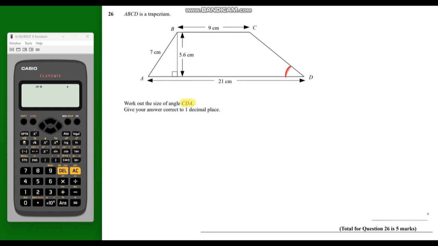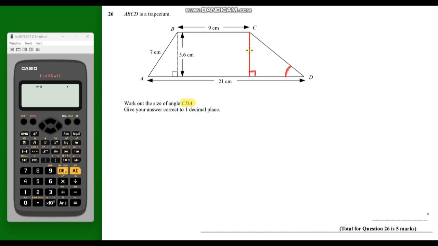Now, the first thing I'm going to do is, because this is a trapezium, if I were to drop a line from C all the way to the bottom here, I formed this angle, and this angle I know is a right angle. And the reason I know it's a right angle is because these two lines are parallel. So we've got a right angle triangle here. So we're trying to calculate this angle.